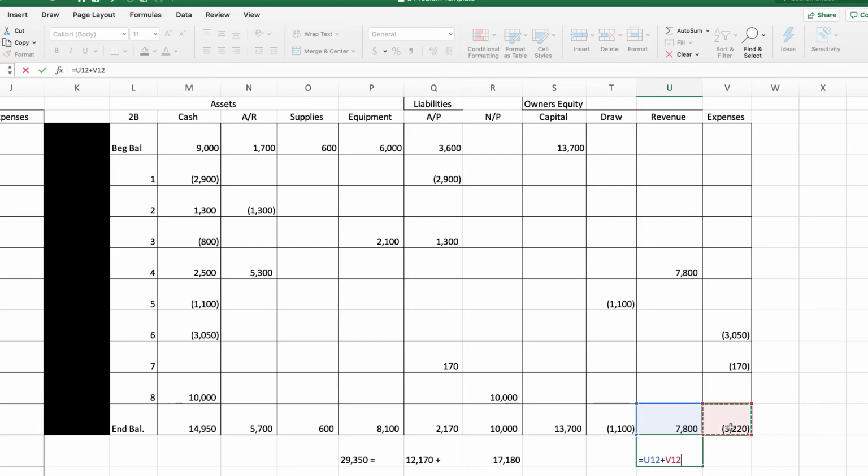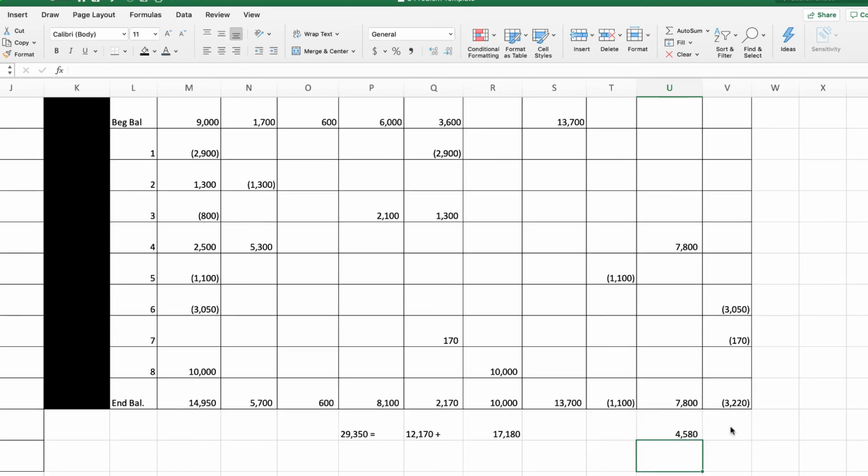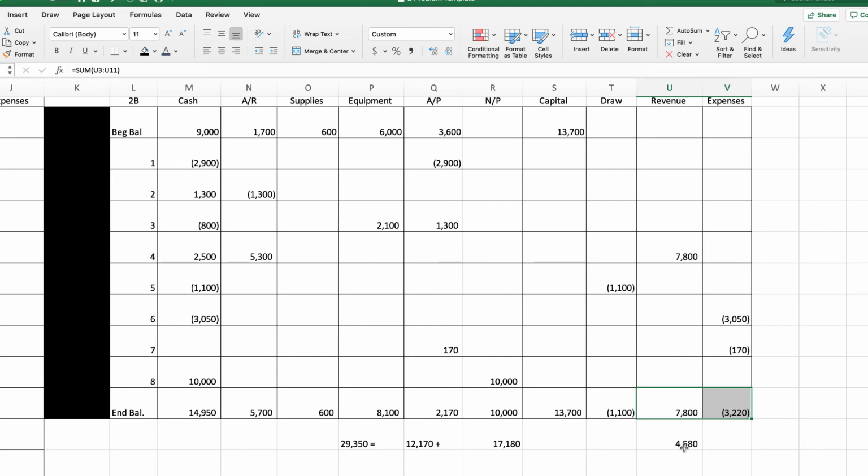That gives 4,580. That should be our net income. So that's part A of the exercise.